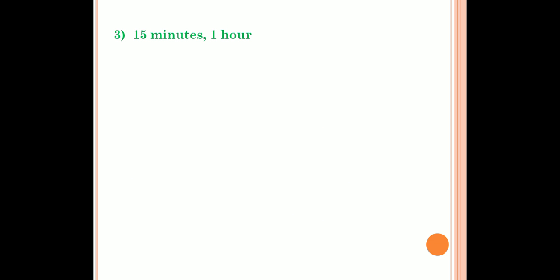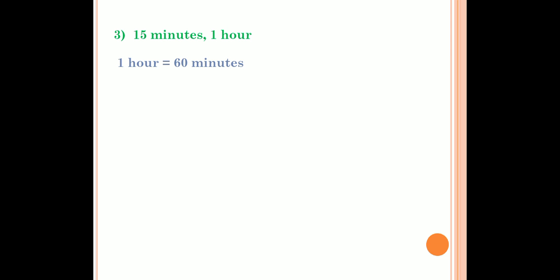Over here if you observe carefully, the first unit has minutes and the second unit has hours. So there is a difference in the two units. So we have to convert, as we converted kg into gram in the example. In the same way over here also we have to convert.